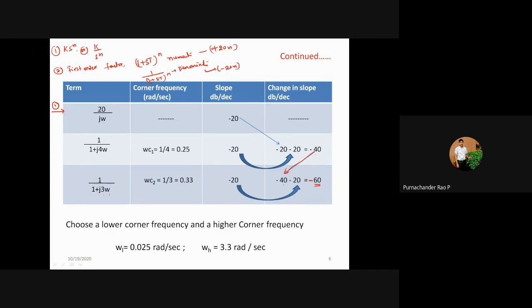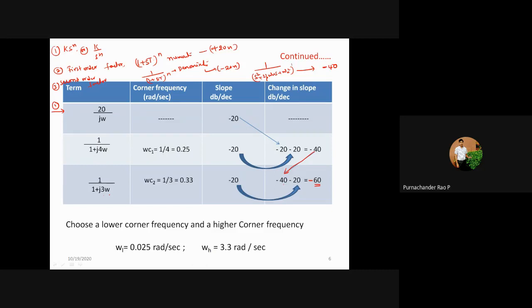After that we need to take the second order factors. What does the second order factor look like? 1 by s square plus 2 zeta omega n into s plus omega n square. Here this is in the denominator, therefore it will contribute minus 40.